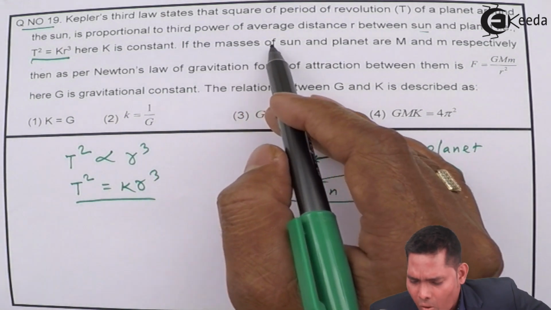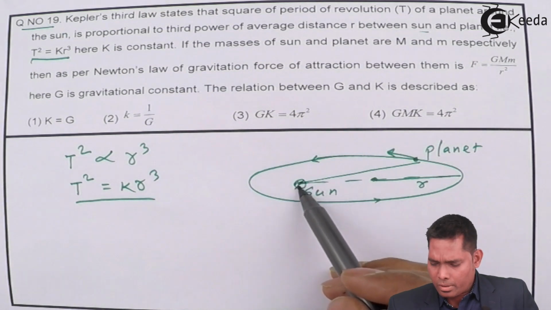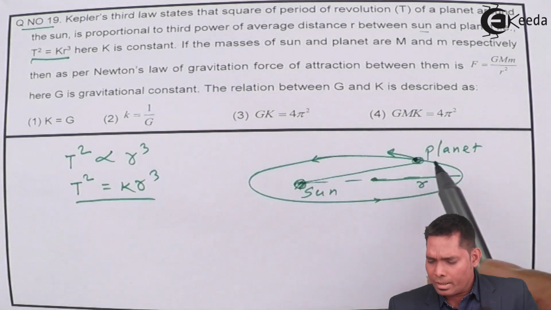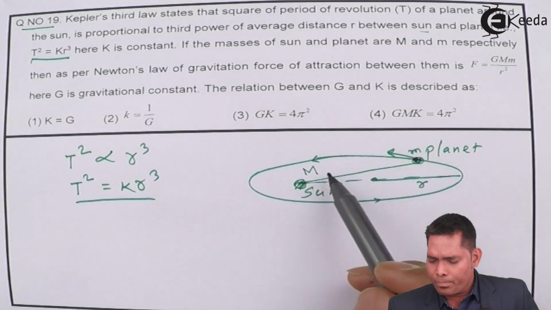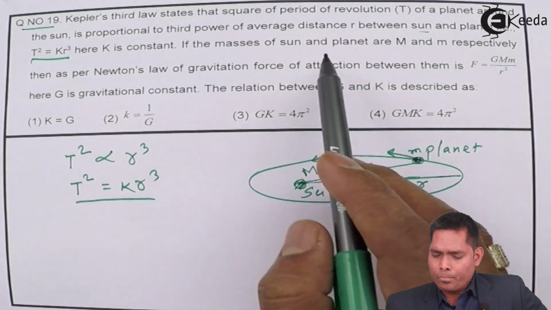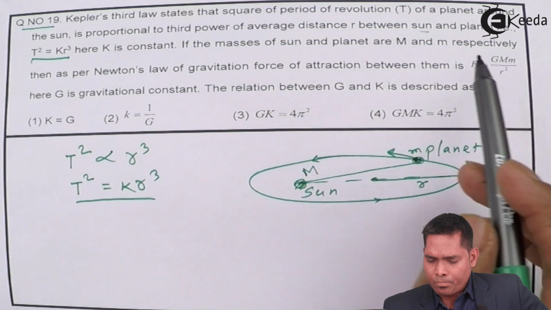If the masses of the sun and planet, here the sun lies here, the planet lies here, the mass of the sun, I will write capital M, and the mass of the planet, small m. The masses of sun and planet are respectively M and m.